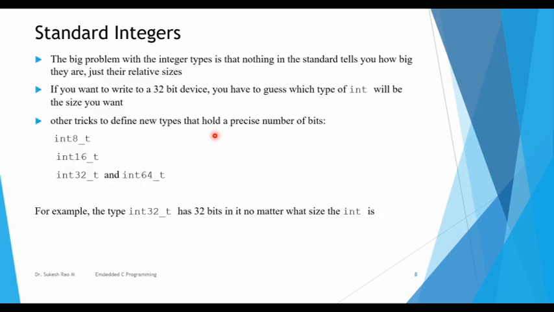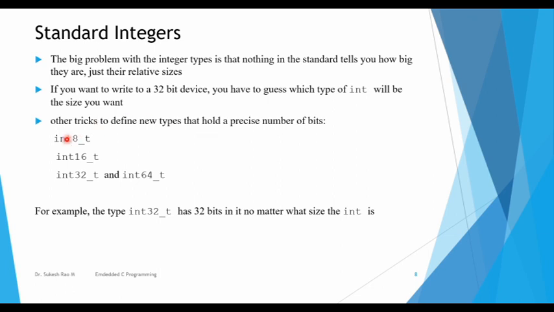Now, standard integers. If you are not very sure what the size of the int data type is in your compiler, and irrespective of where your code is going to compile, you can define the variable fixed to a data type.